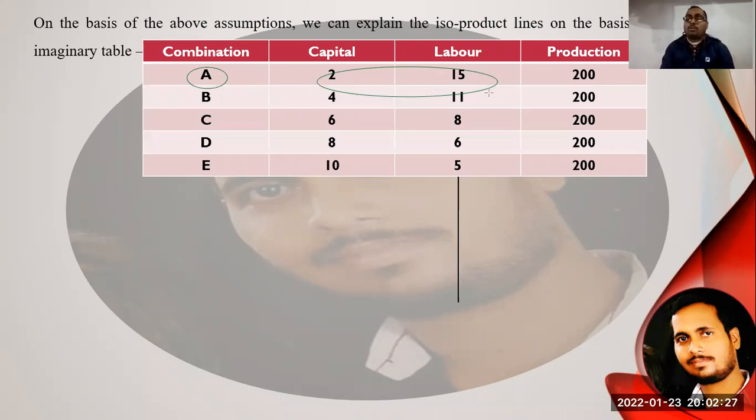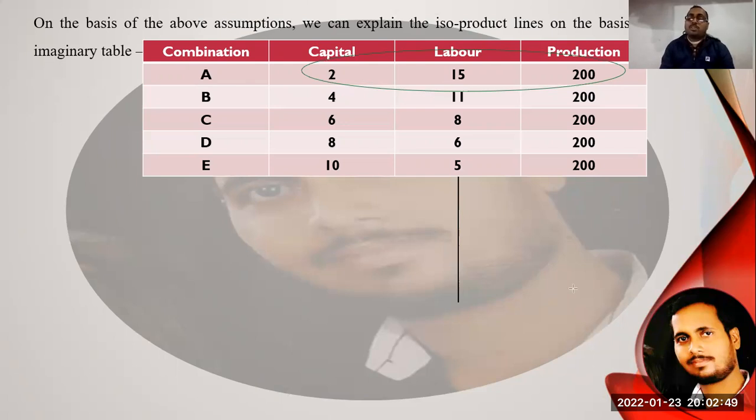While using 2 capital and 15 labor, we get a production of 200. So this is the first combination, and with it we get 200 units of production.